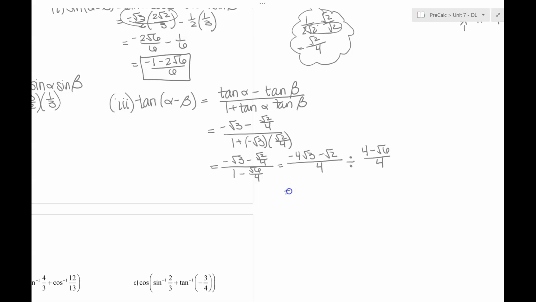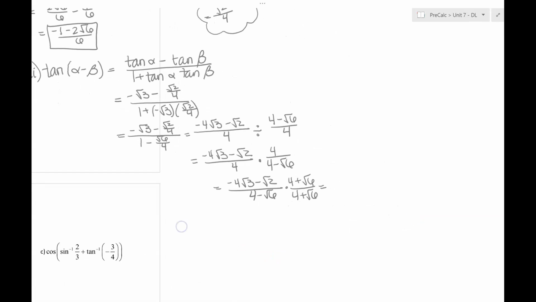And the reason is so that I can keep the first fraction the same and then multiply by the reciprocal. So then we are left with negative 4 rad 3 minus rad 2 all over 4 minus rad 6. Then we can multiply by the conjugate. Remember, same binomial but opposite operation to get rid of the radical in the denominator.